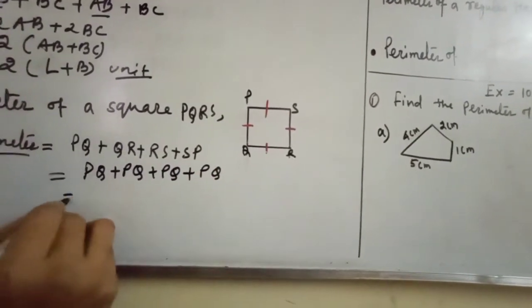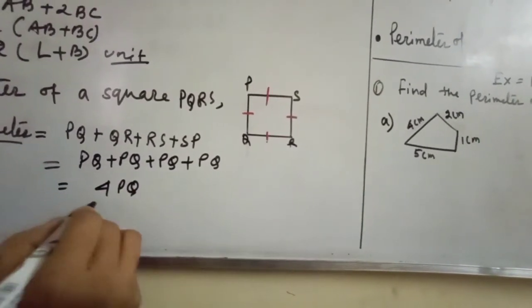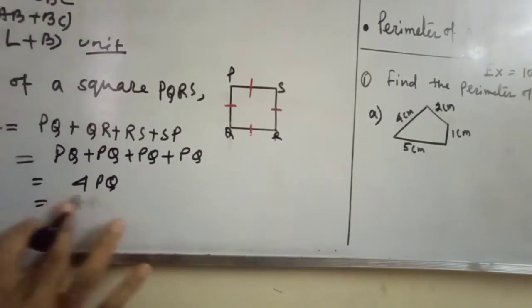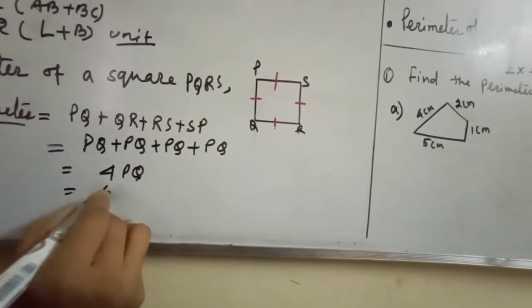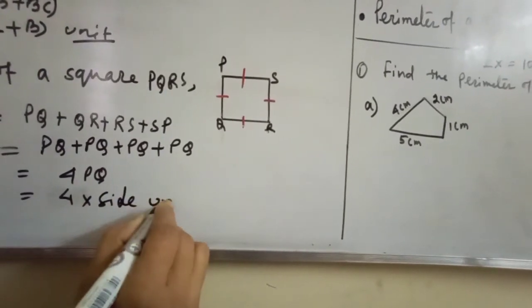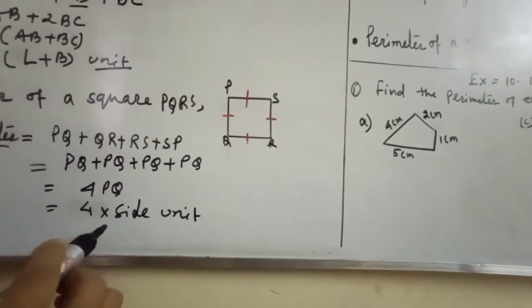That means how many PQ can you see here? 4 PQ. So in the formula, perimeter of a square is equal to 4 into side. Unit, meter, centimeter, whatever the unit will be given, you have to write the unit. Understood? Next.